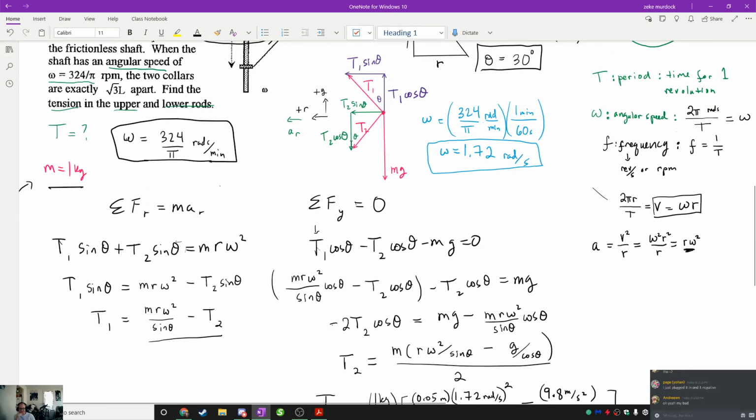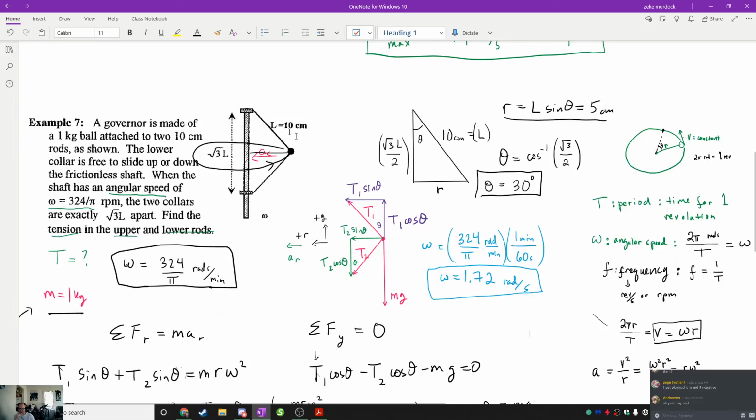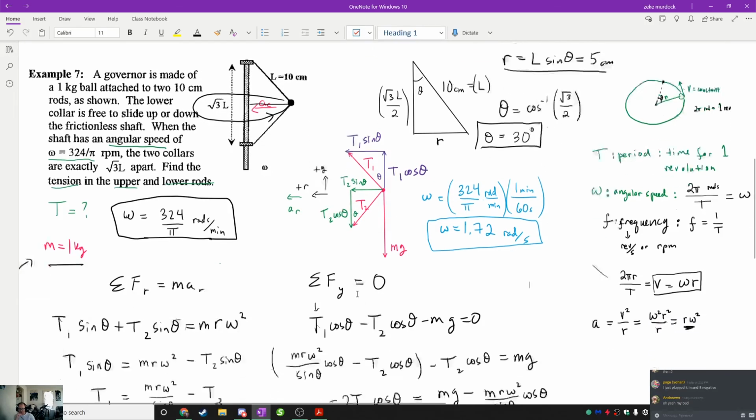So tension this way, tension this way. Tension 1, tension 2. The ones that point inwards are going to be times the sine of theta. We said this side was 10, this side's root 3. So the angle ends up being 30.